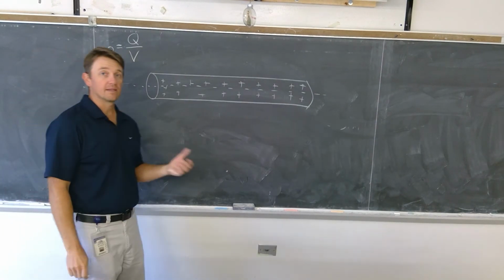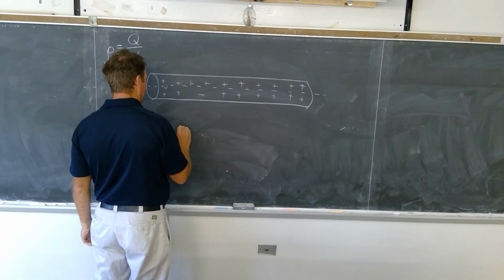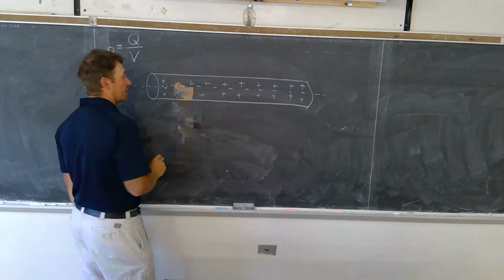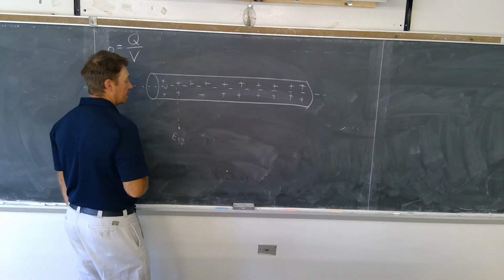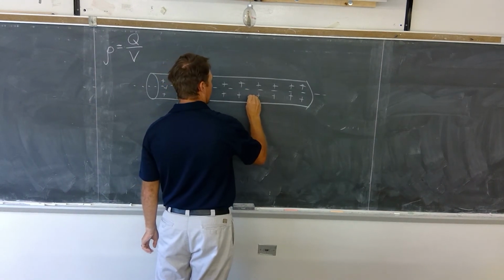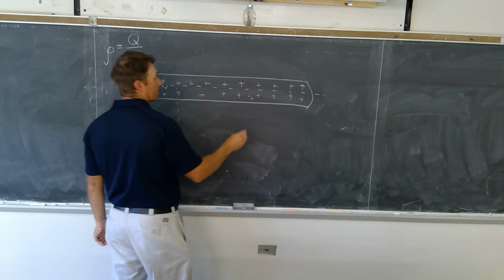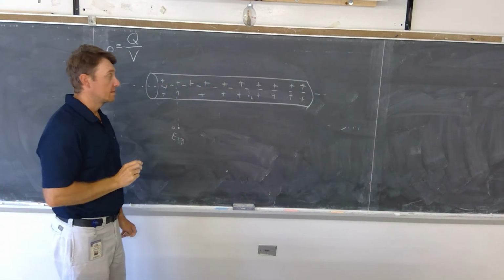Again, I'm going to find the electric field in two different places. I'm going to find an electric field at a distance A outside of the charged insulator, and we're also going to find the electric field at a point B inside of the insulator.